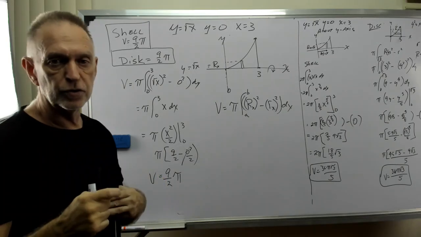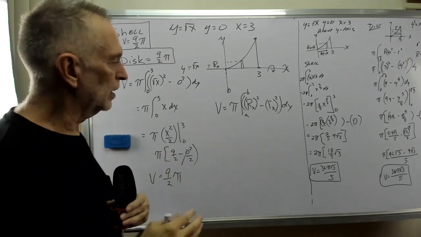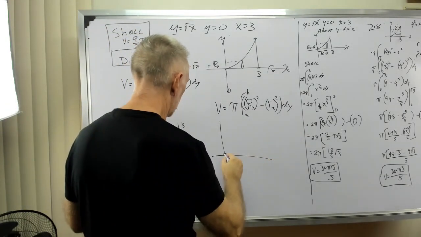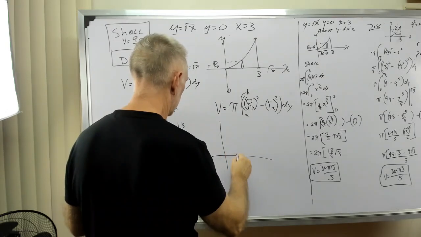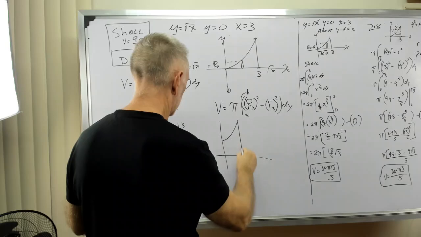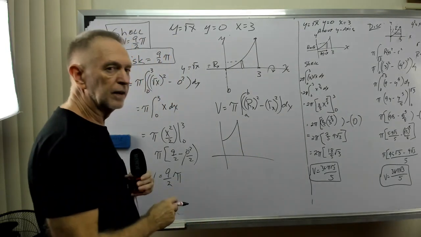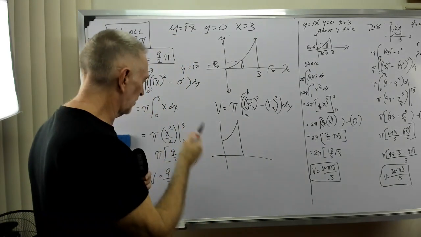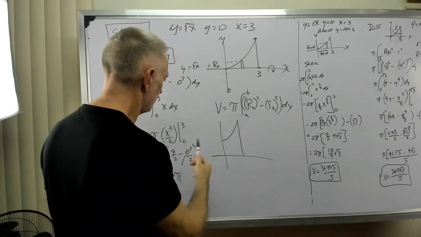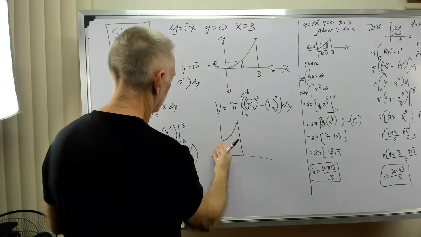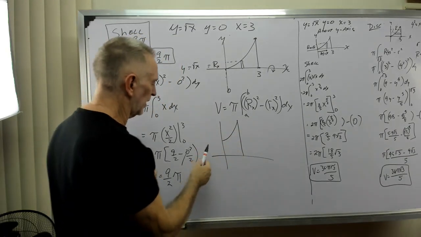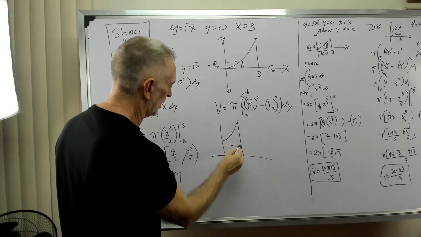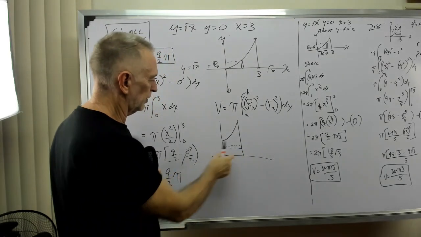I would encourage you to learn them both, because there's times where you may have a function that looks like, let's say I have a function that looks like that. Let's say I'm rotating that around the x-axis. According to the shell method, it would tell me I'm rotating around x, I need to put my differential here.